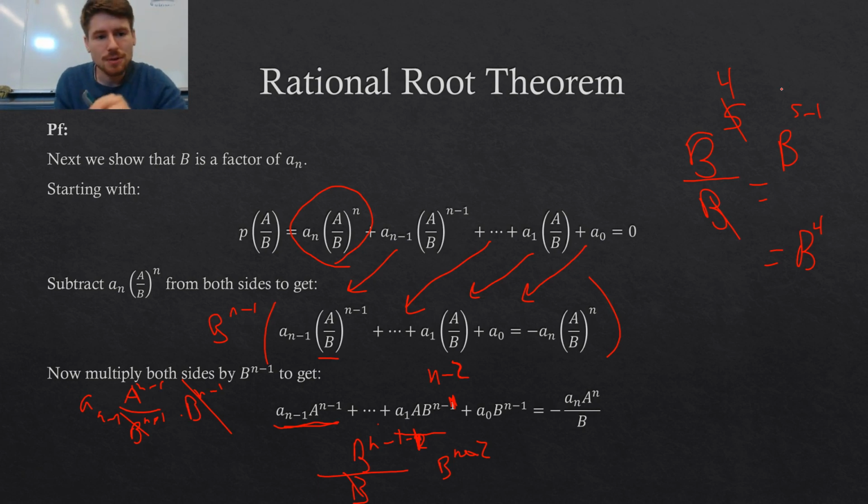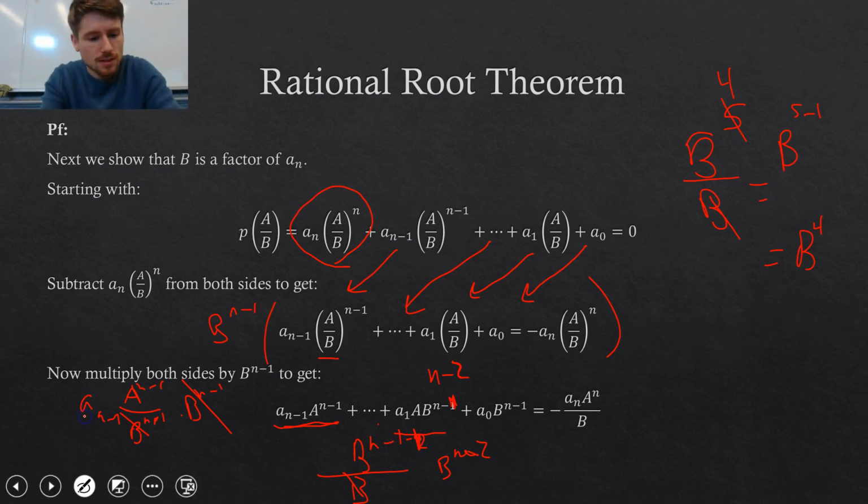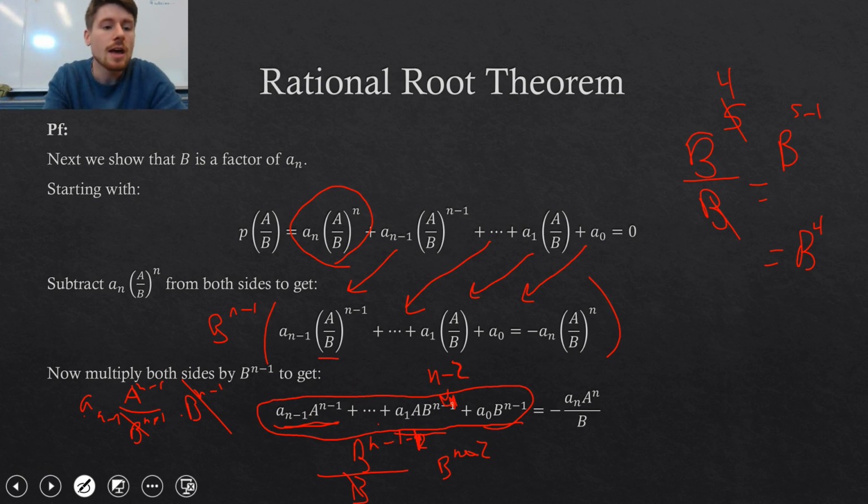But that's not really the important thing. The important thing to realize is that this whole statement, this entire expression on the left, with b to the n minus 2, is an integer. So we have an integer, and this must equal an integer. And since that says that a n over b times big A to the n is an integer, this whole thing is an integer.